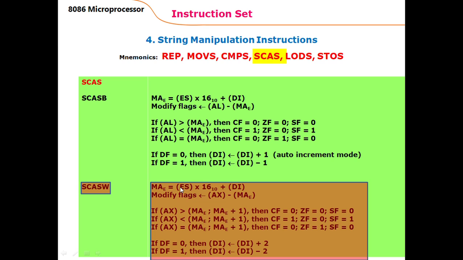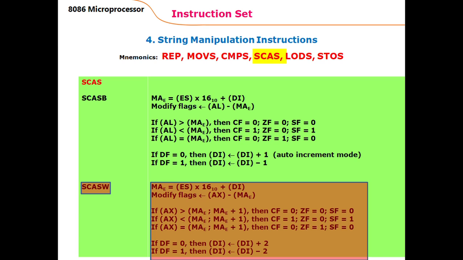The segment number from the extra segment register is left shifted by 1 hexadecimal digit, which is equivalent to multiplying the 16-bit address by 16 in the decimal system, and the offset address from DI is added to compute the 20-bit physical address.